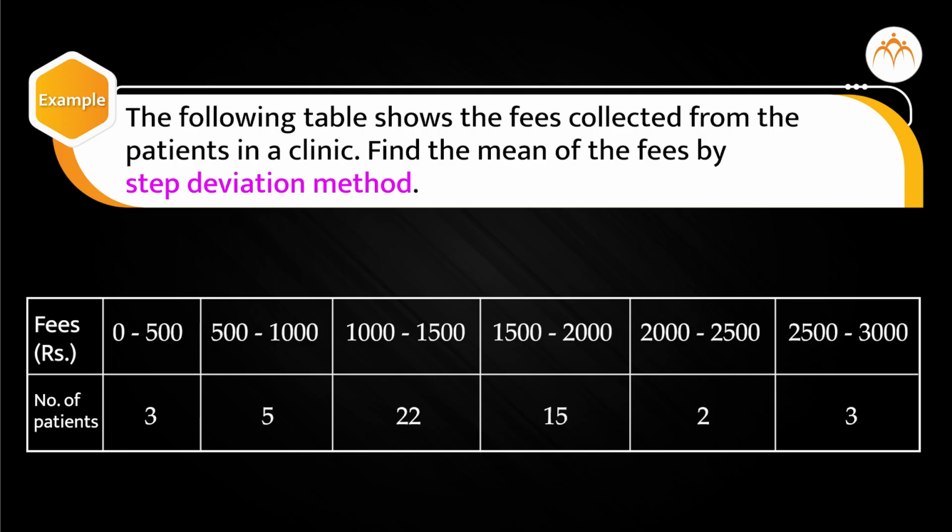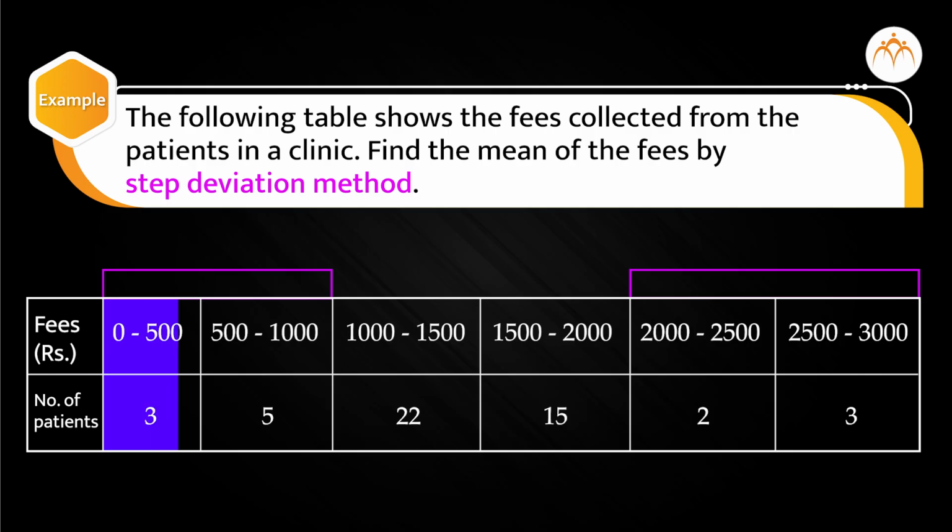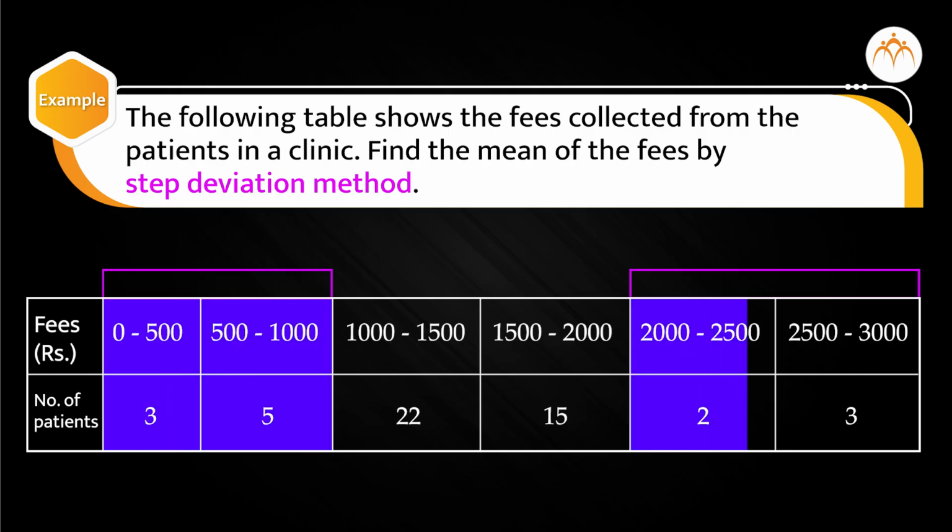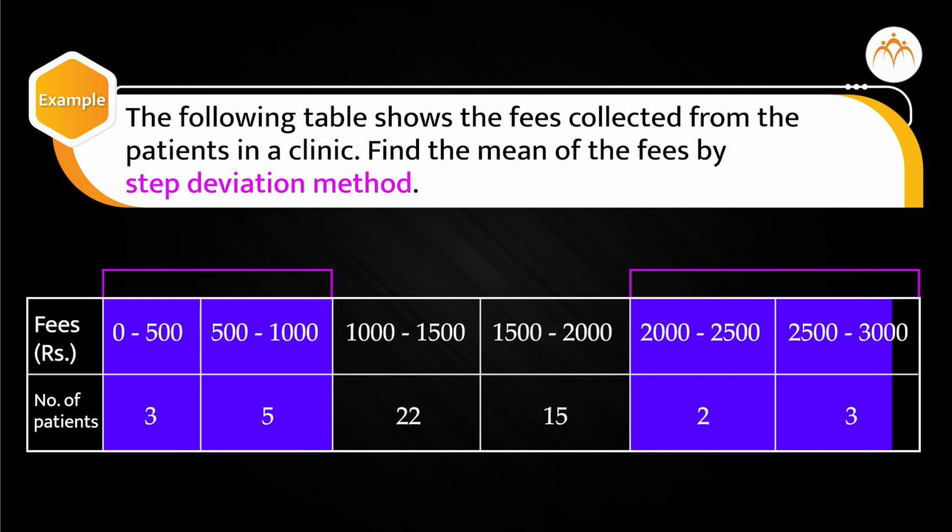In this case, when the number of scores, that is the number of patients, in two consecutive classes is very low, it is convenient to club them. So, in the above example, we club the classes 0 to 500, 500 to 1000, and 2000 to 2500, 2500 to 3000, as the number of patients in these classes is less.